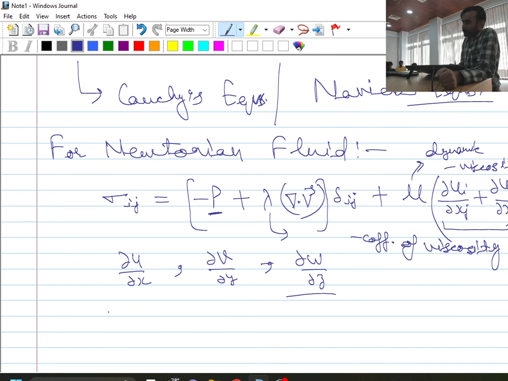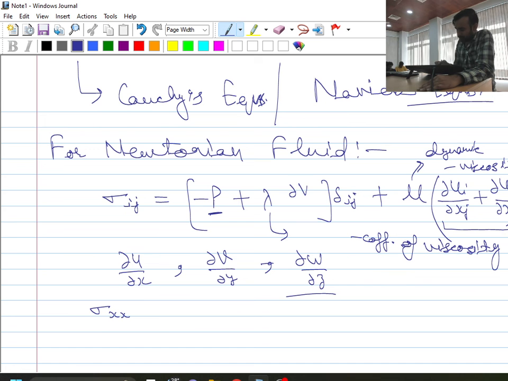Now let me tell you how I can actually calculate this. I can refer first to sigma xx. When I have to calculate sigma xx, let's put it in the vector notation only. So what was that? Del ui by del xi. When I am calculating sigma xx, I will say that i is equal to j, both are x only.